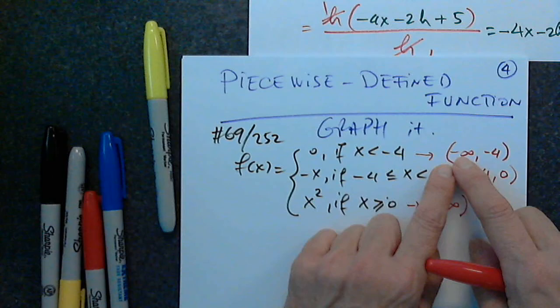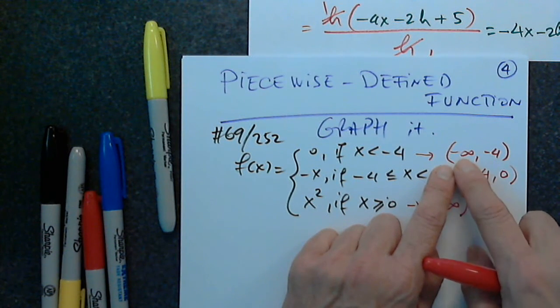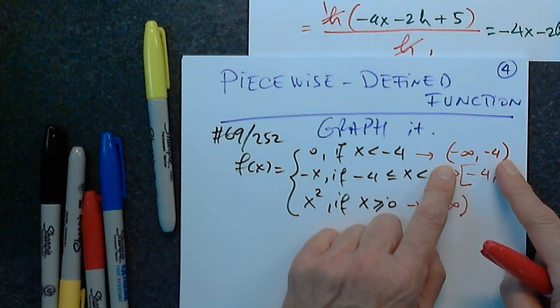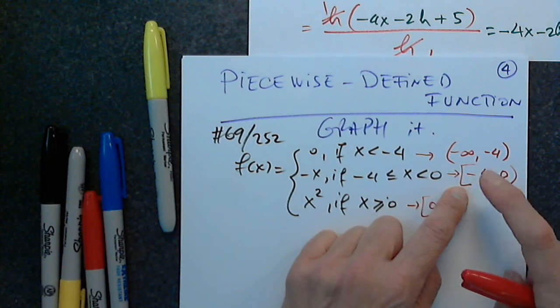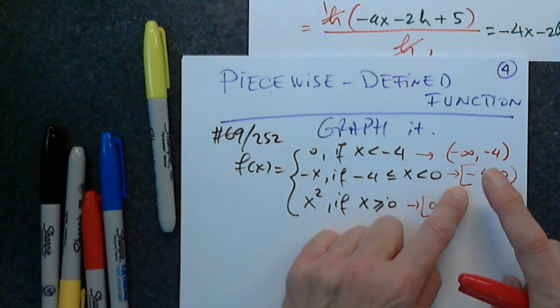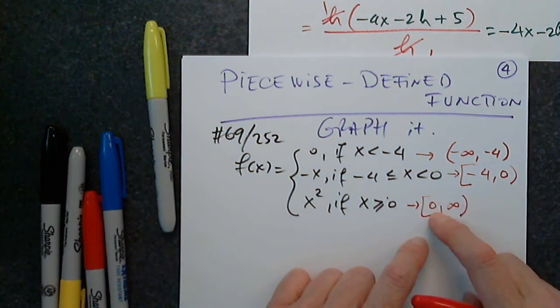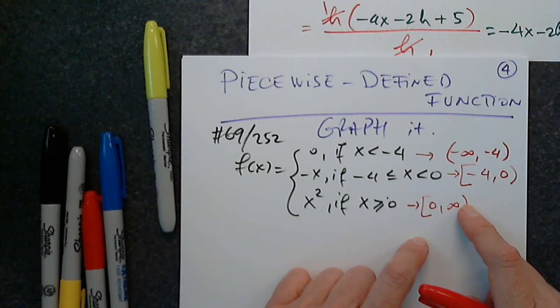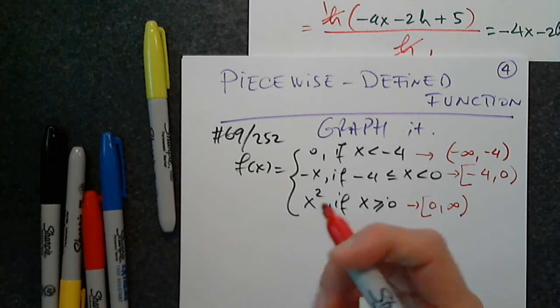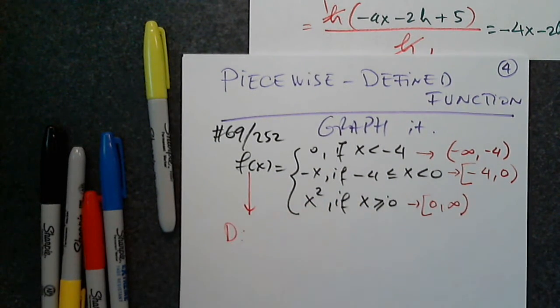Okay, so I see we have everything between negative infinity and -4. We do have -4 and everything between -4 and 0. We do have 0 and everything between 0 and infinity. So then I would like to conclude, what is the domain of this function?